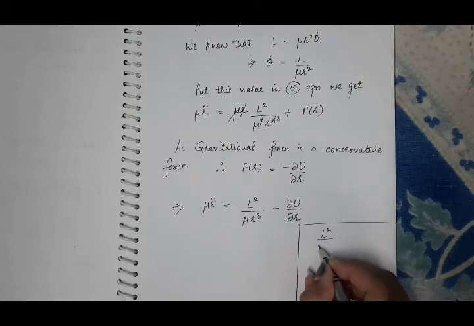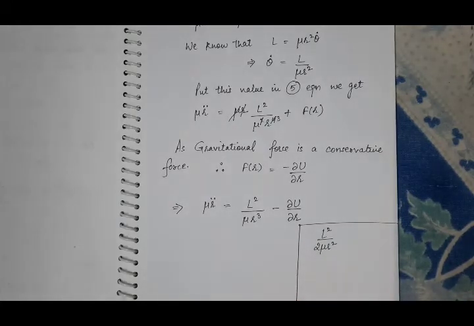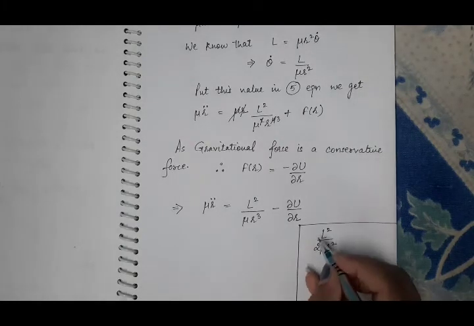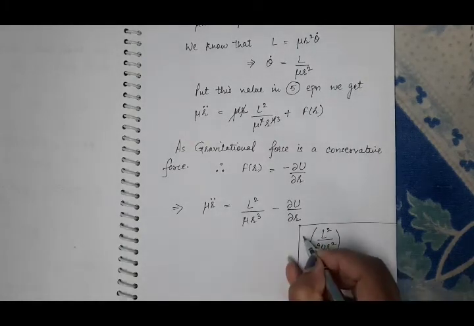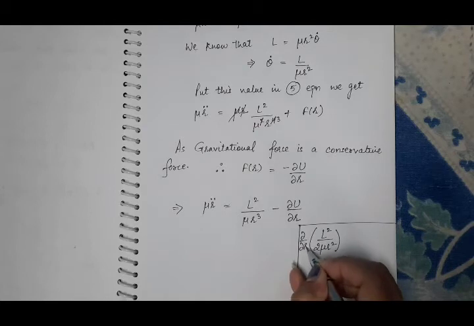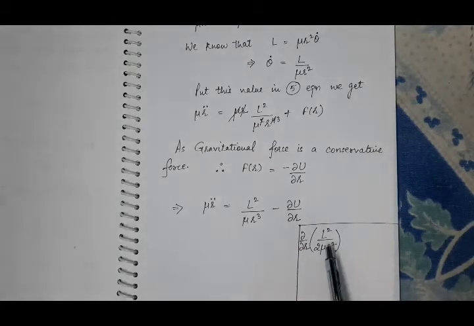We have this term in the expression of total energy, L square by 2 mu r square. Differentiate it with respect to r. This is the expression for the centrifugal potential energy in the expression of total energy.